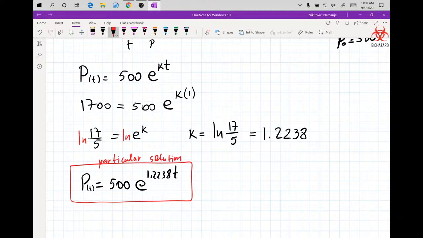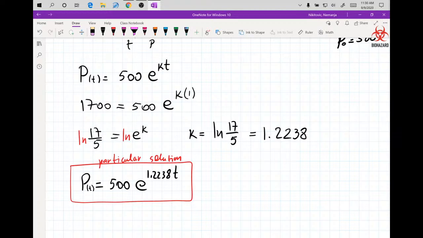And this number 1.2238 is the rate at which the rabbits are multiplying. And it's particular because it's particularly for rabbits. Humans are going to have a much smaller number here because, as I said, we don't have a litter of 8 or 9 every time. There is a baby coming up.